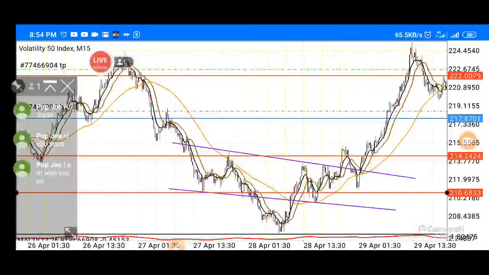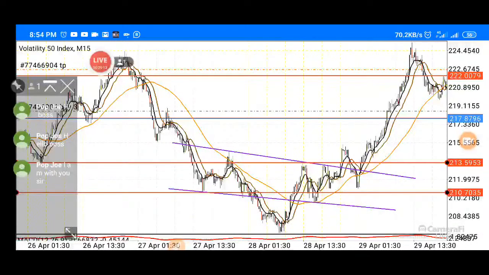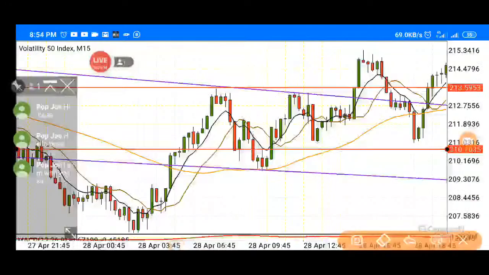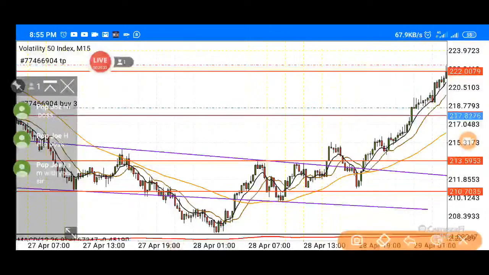So the first entry by the aggressive trader is here. The less aggressive would have entered after this first candle closed above that line, so it would have entered here. What about the conservative? The conservative should have entered after this if there was a bounce here. But see what happened now.